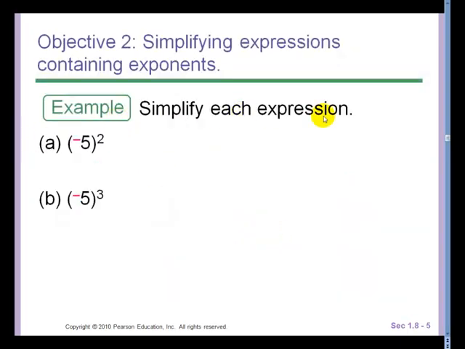Example: simplify each expression. A. (-5) squared. Notice the parentheses around the -5 and that the 2, the exponent, is outside of the parentheses. What this means is that you're multiplying the entire parenthesis set, the parenthesis -5 parenthesis.